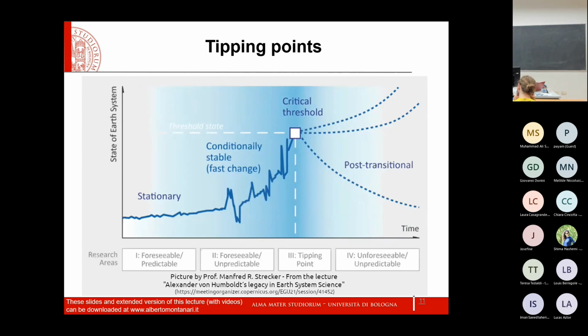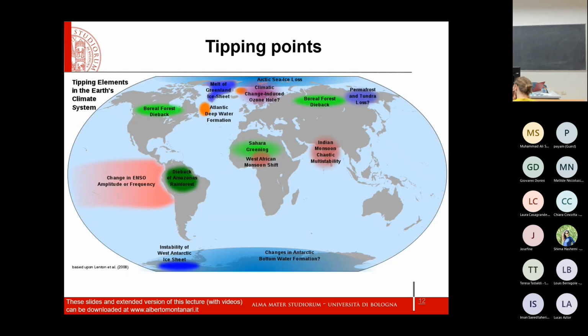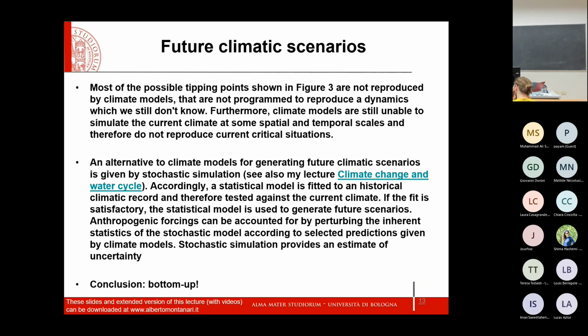So maybe we can predict the first part of this graph until the vertical dashed white line. The first part with a regression line can be predicted. But a tipping point means that after the tipping point is crossed, you cannot make a prediction. So this is to emphasize uncertainty, but we already know it. Tipping point, we already discussed it, so I am skipping.